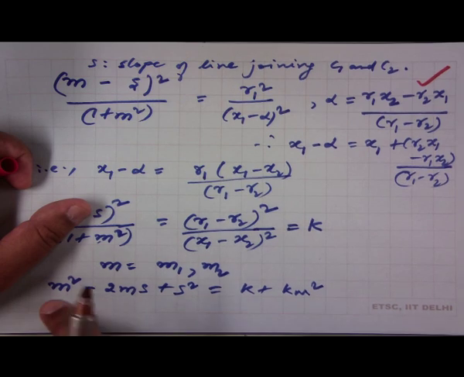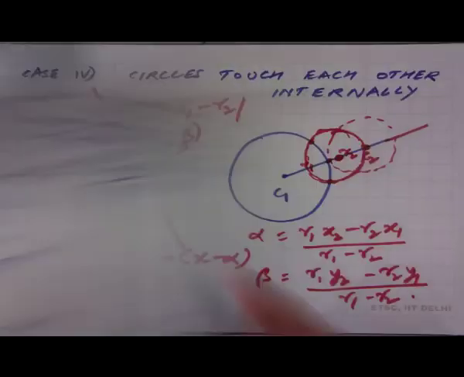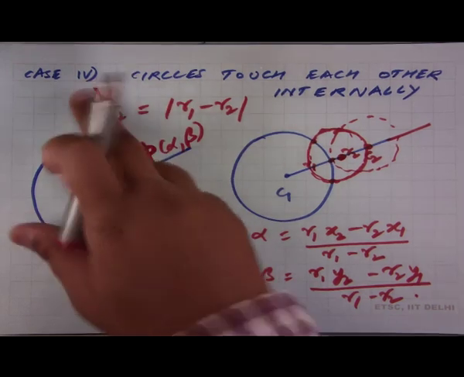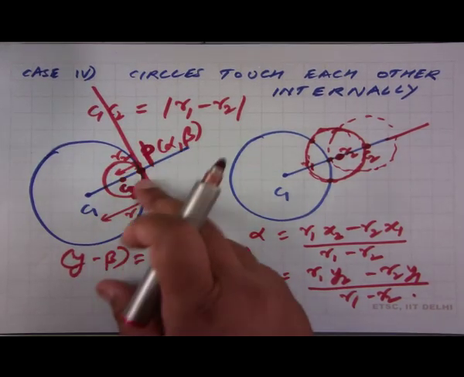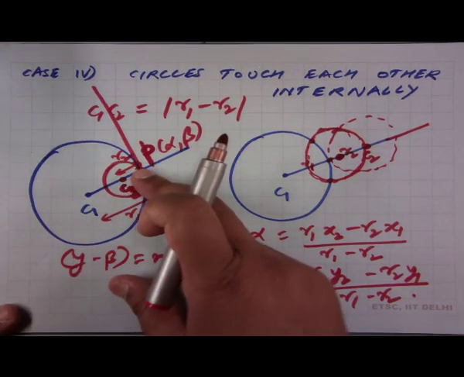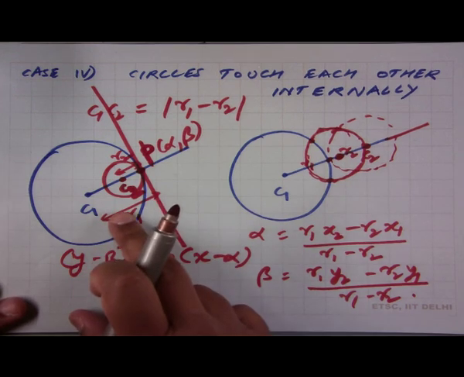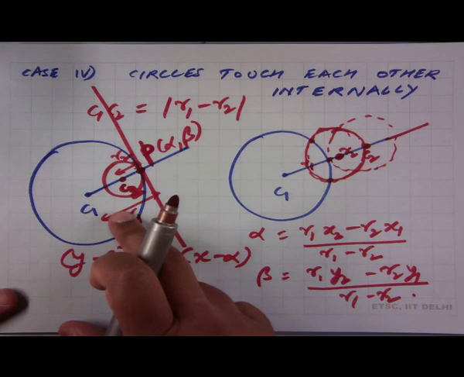So, both the roots will be real and equal for this case 4, where the two circles are touching each other internally. And of course, in this case there will be no transverse common tangents, so the number of transverse common tangents will be 0.